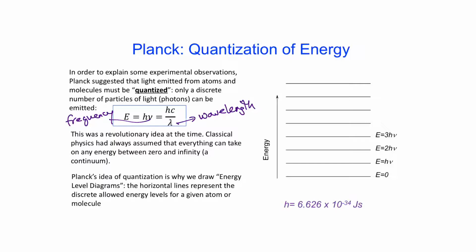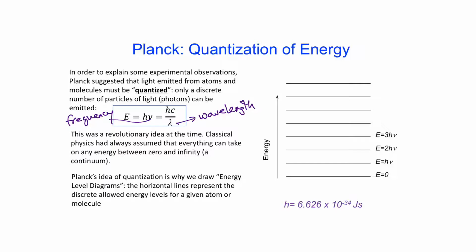All right, so what Planck is saying here is that your electrons in your atoms and molecules can't occupy any value of energy like classical physicists originally thought. The original thinking was that you can occupy any energy between 0 and infinity. There was no limit there.